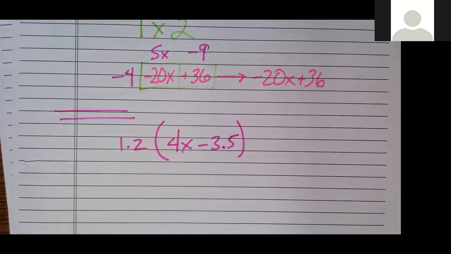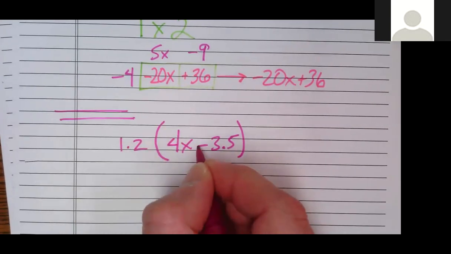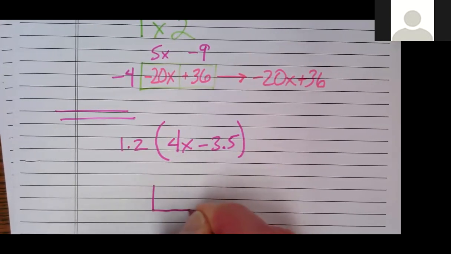Now, I'm going to tell you right now, I do not know what 1.2 times 3.5 is. That's why we use calculators, guys. I can do it by hand, but I'm not testing whether or not you can do long multiplication with decimals. I just want to know that you know how to set it up. So right now, one term times two terms, I'm going to make this box just like this.